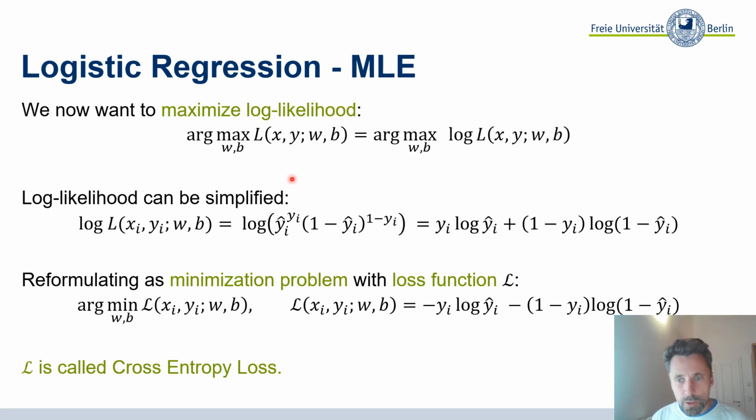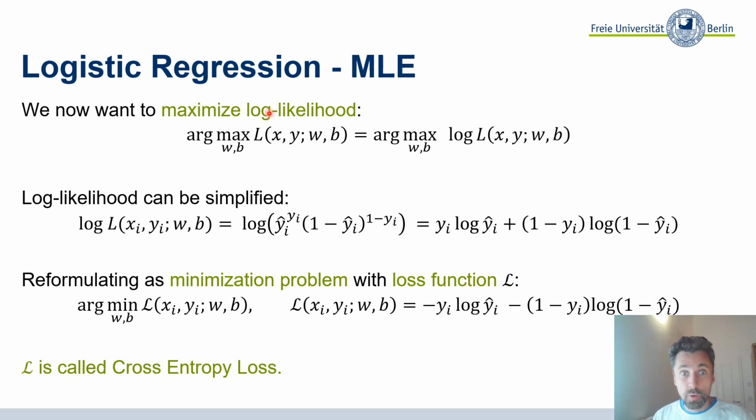So what we now want to do is to find the correct and optimal W and B, the parameters of the model that optimize a certain objective, and here we will use the likelihood. So we usually take the so-called maximum likelihood estimator, which is an expression that gives you the probability of the data given the specific model parameters.